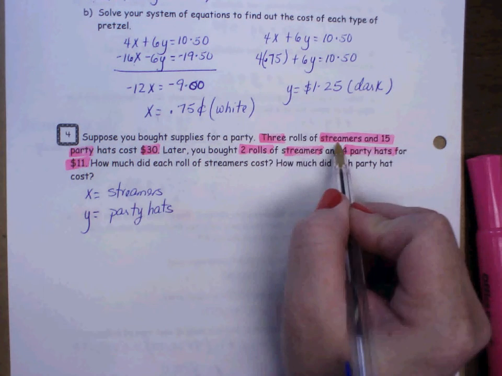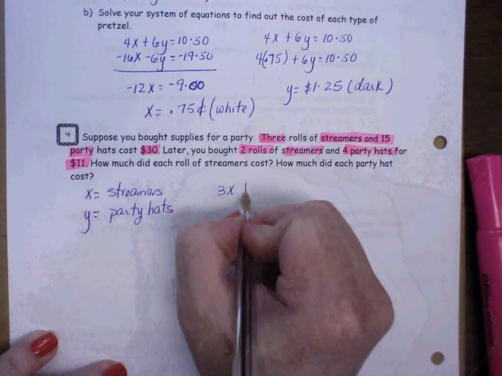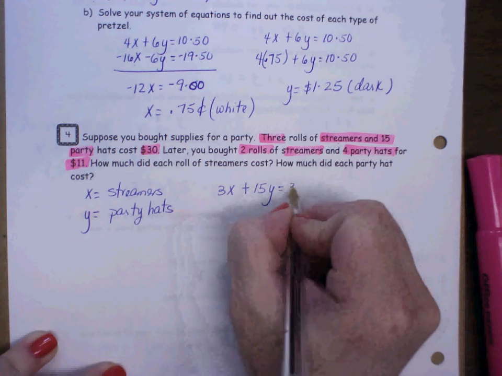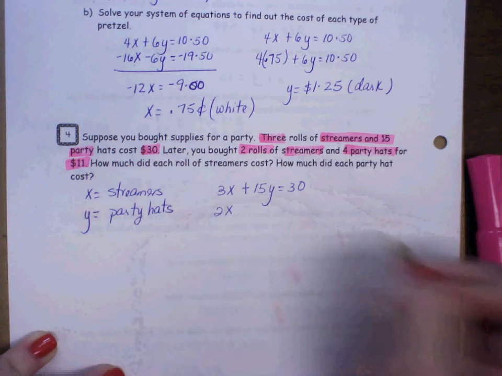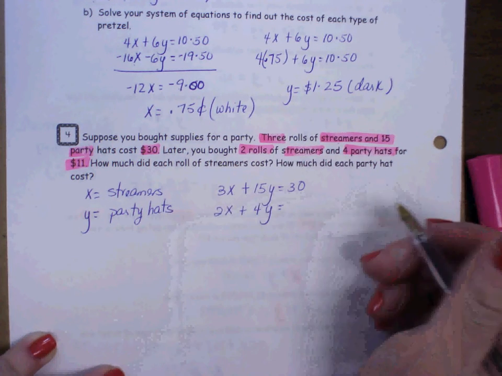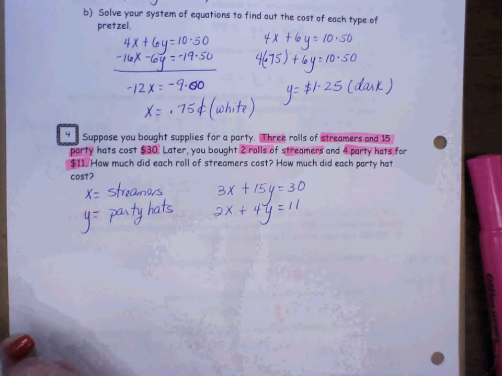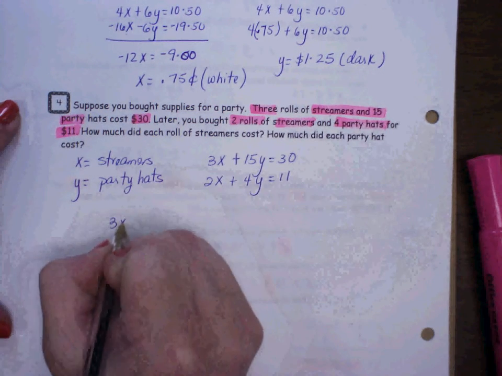How would I translate that? 3x. 15y, I'm sorry, equals how much? 30. 2 rolls of streamers would be 2x plus 4 party hats would be 4y, and then that equals 11. I'm going to go ahead and solve for y on both of them because the numbers are not that big.